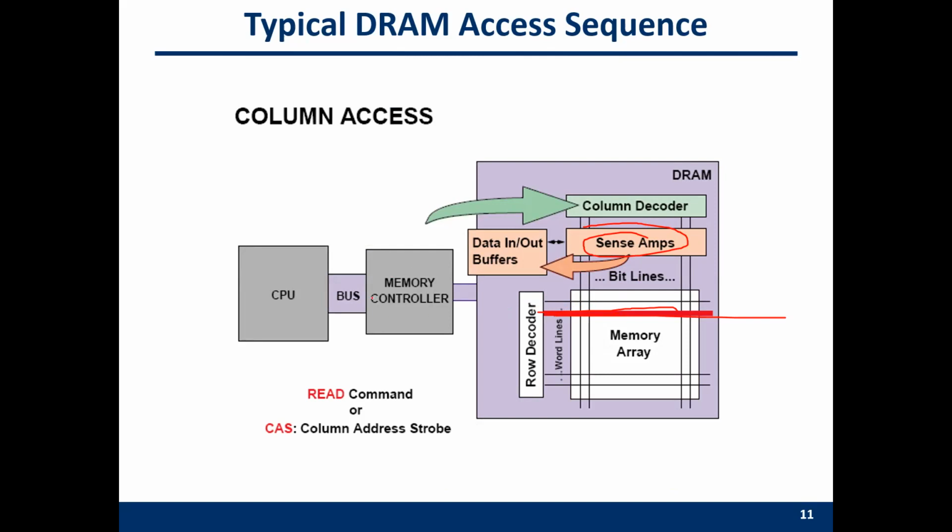And then your controller can inject some column address. What does that mean? It means that I only need this portion of data. I don't need the whole row. I just need the first half, maybe the first quarter of the data.